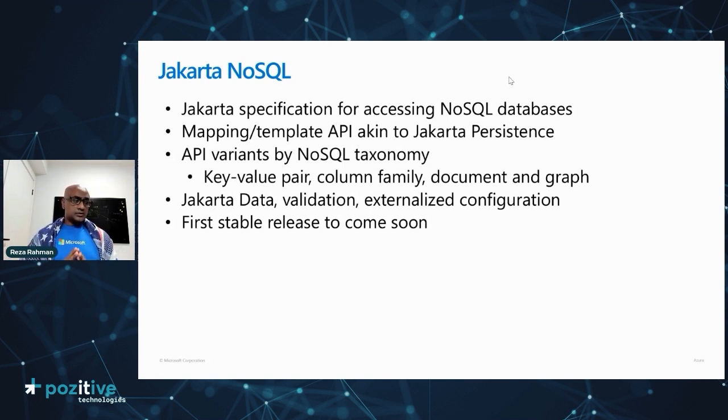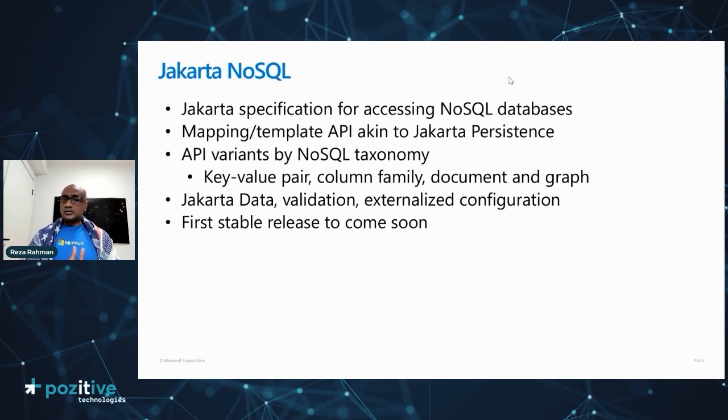So what it does is that it recognizes that there are taxonomies or categories of different NoSQL databases. And basically, it provides a slightly different API, particularly at the template API level, not so much with the annotations, but the template API level, that targets a particular class of NoSQL databases. So this is how you can actually have an API that covers such a broad range of the NoSQL ecosystem.